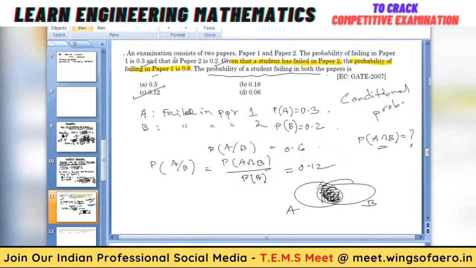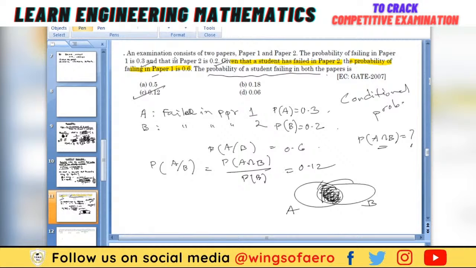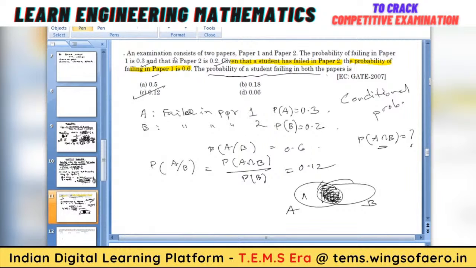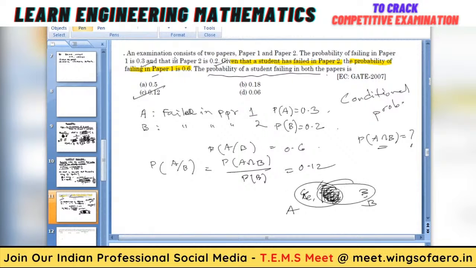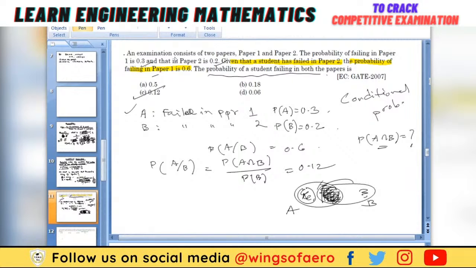It is the same as, I can play football and I can play cricket. The same person can do multiple jobs, so it is in the intersection. Union means, suppose some students failed in A only, some students in B only, and some in both. Union means the students who only failed in paper 1, the students who only failed in paper 2, and the students who failed in both papers together.